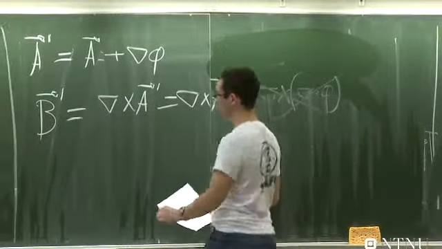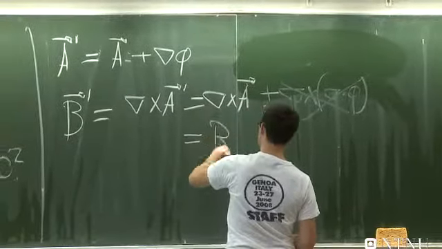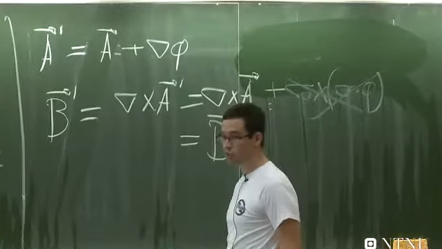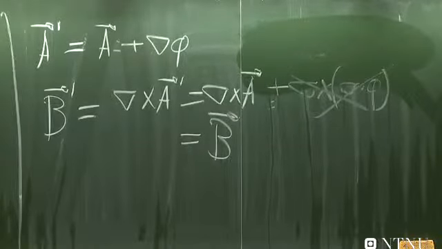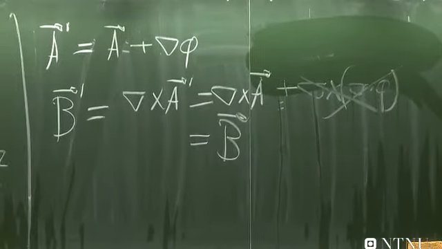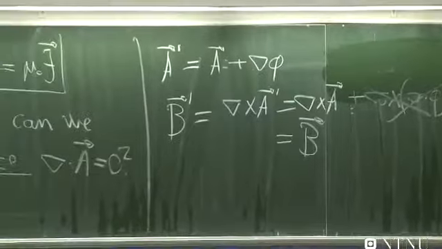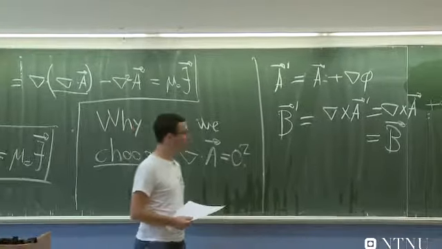So I'm left with just B again. Just as he said. And there we go. He spoiled the fun of the proof, but it was right. And this is called, when you choose the phi, it's called a gauge transformation.